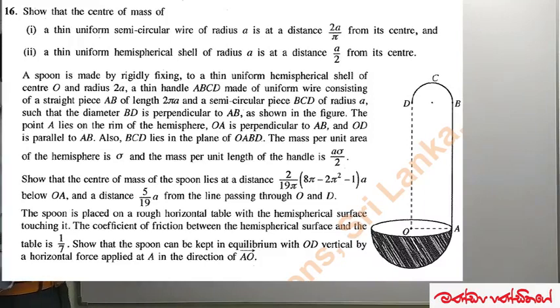The question states: show that the center of mass, number 1, of a thin uniform semicircular wire of radius a is at a distance 2a over pi from its center, and number 2, of a thin uniform hemispherical shell of radius a is at a distance of a over 2 from its center.